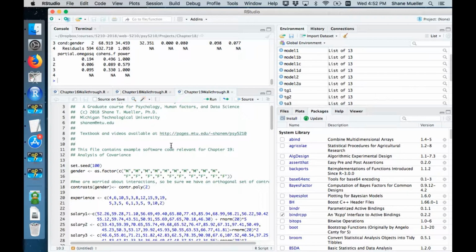You bring people into the lab and you don't know their status on any of these initially, but you do know that they're in either an experimental or a non-experimental group. Maybe you want to see whether that experimental manipulation had an effect, but you think this other variable, which we'll call a covariate, will also have an effect.